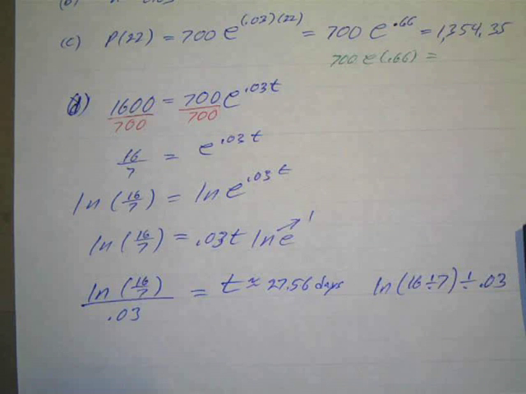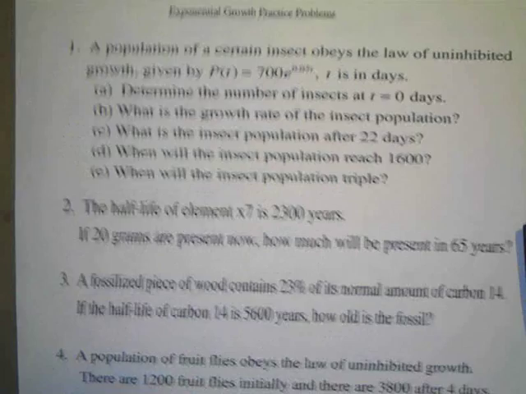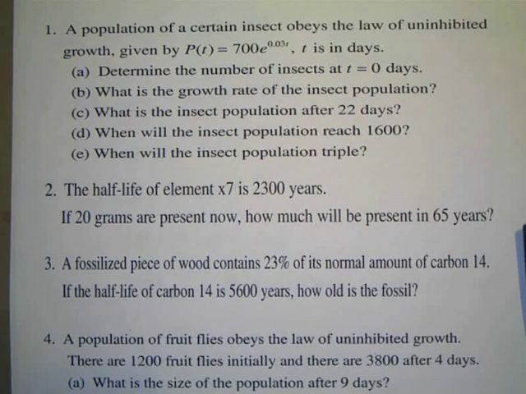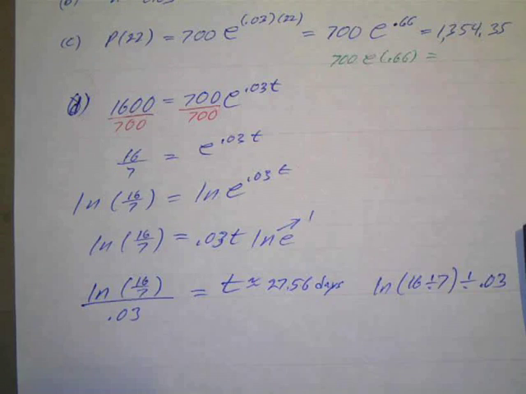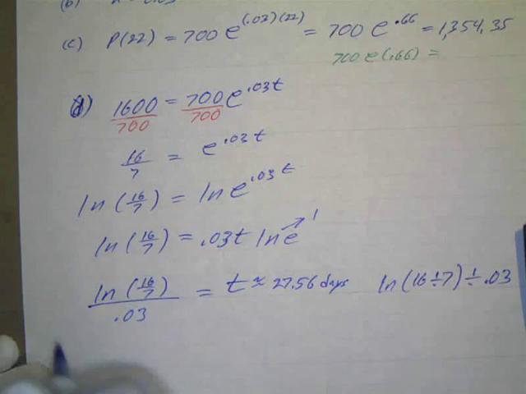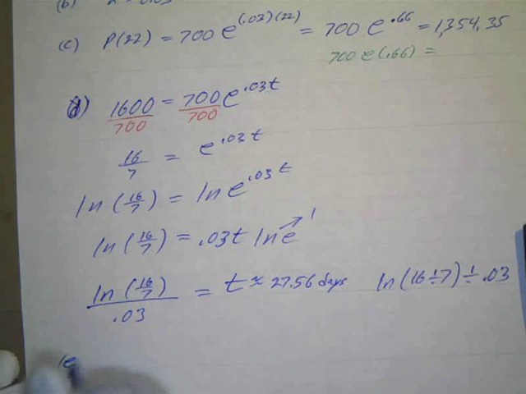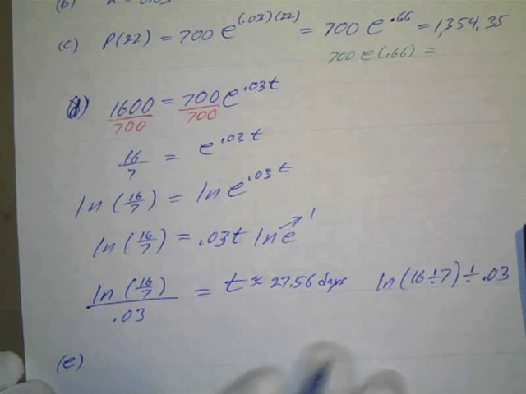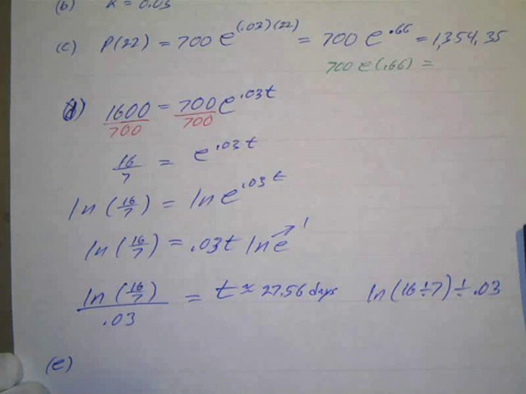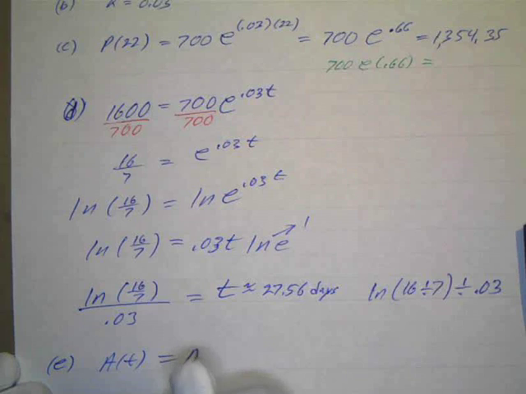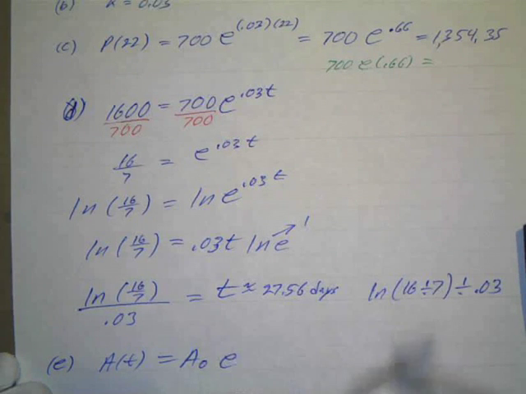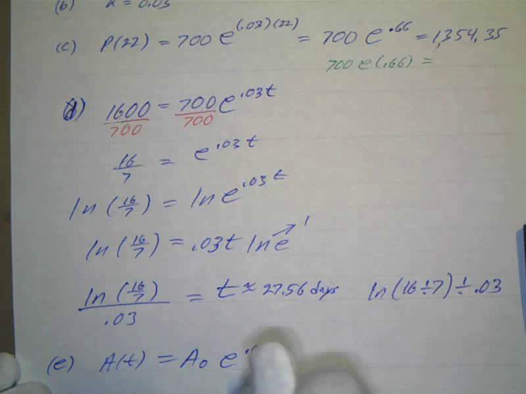So we're just using the formula, and these are pretty basic problems. And then the last one, when will the insect population triple? Now we've done these also. When will the insect population triple? Okay, so we've done these before, so this is letter E. So we know that A sub t equals my initial amount, A sub 0, times e to the, in this case, 0.03t.